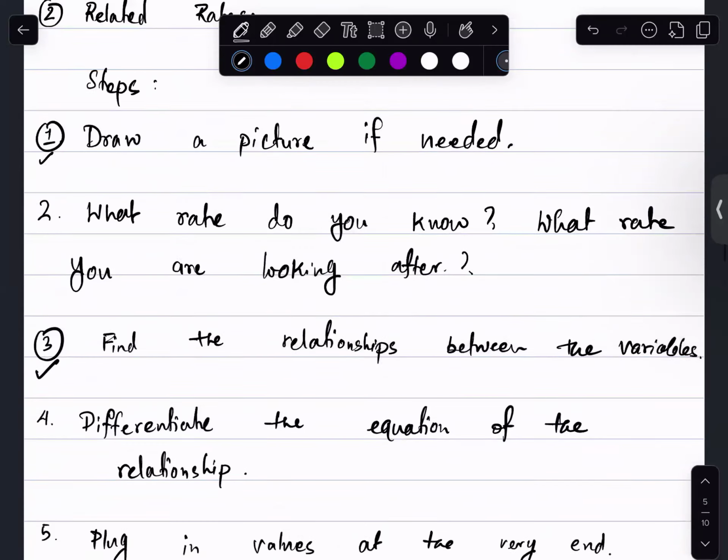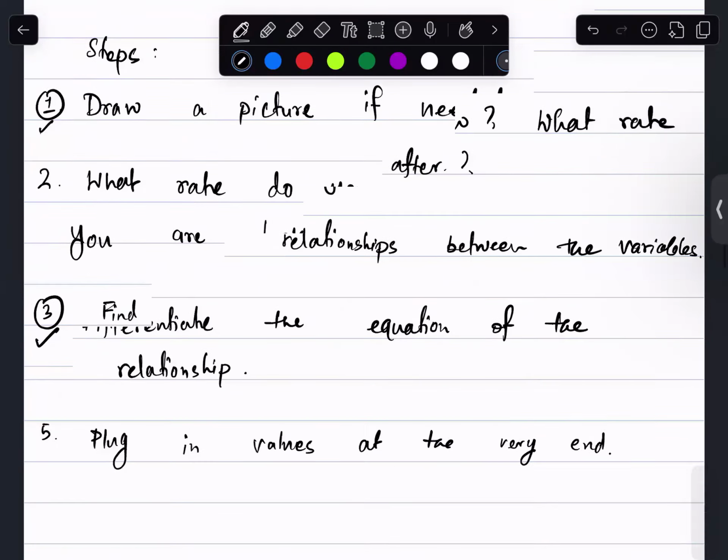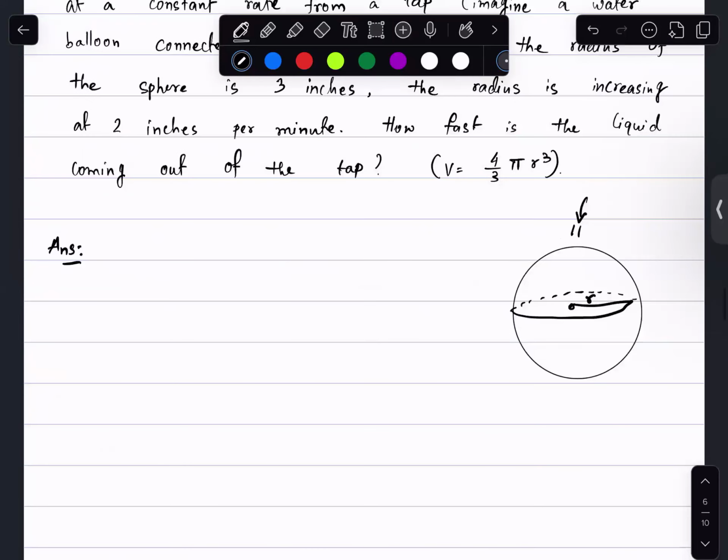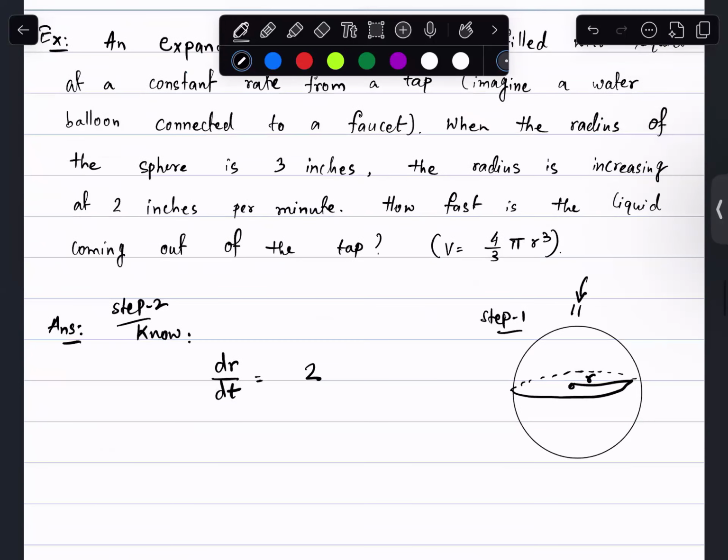Okay, so now the next step, or so step 1 is done. Step 2 is to figure out what rates do I know and what rates do I have to figure out. I know that the radius is increasing at 2 inches per minute, right?